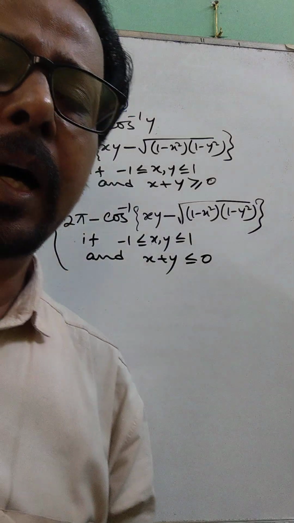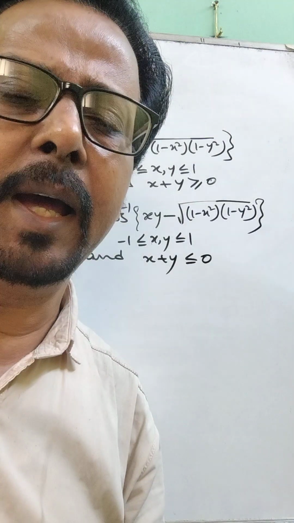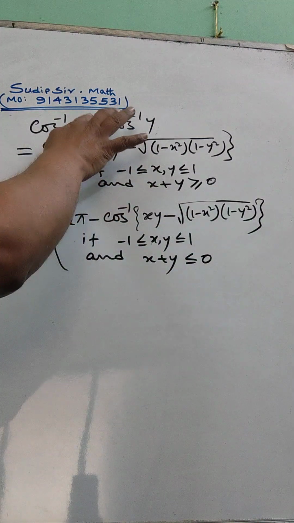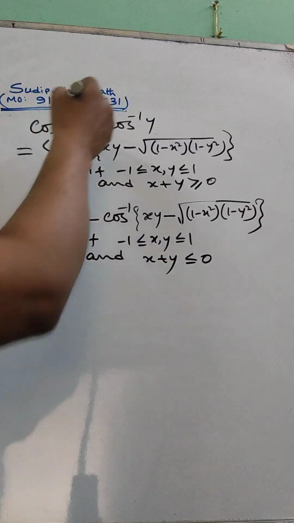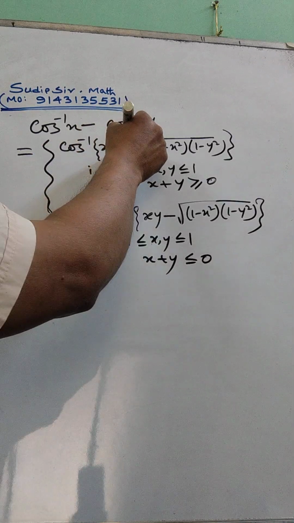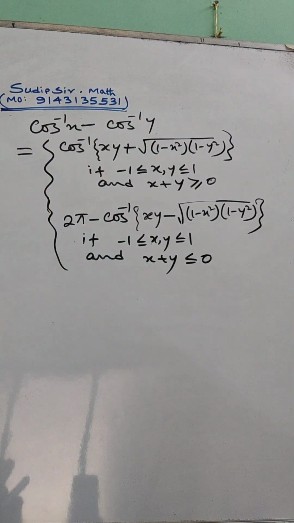So this is for cos⁻¹x + cos⁻¹y. Similarly for minus, that is cos⁻¹x − cos⁻¹y, this will be positive, and validity is to be checked.